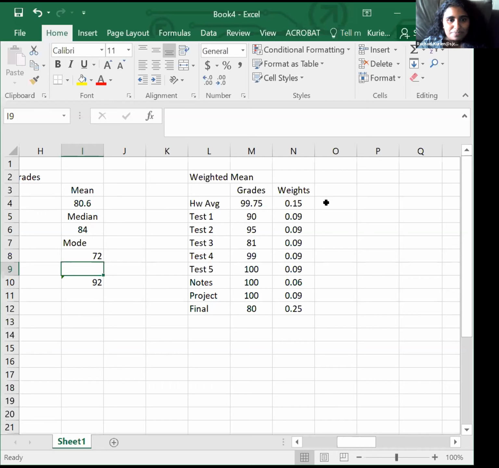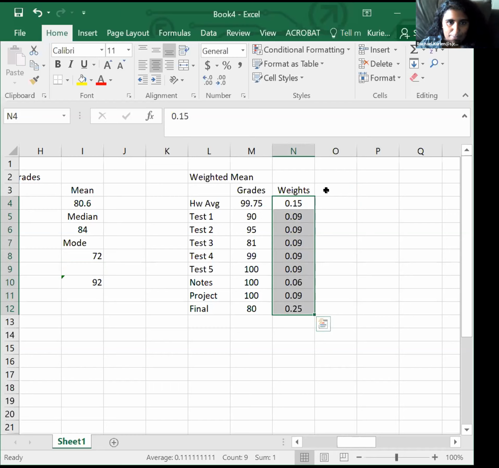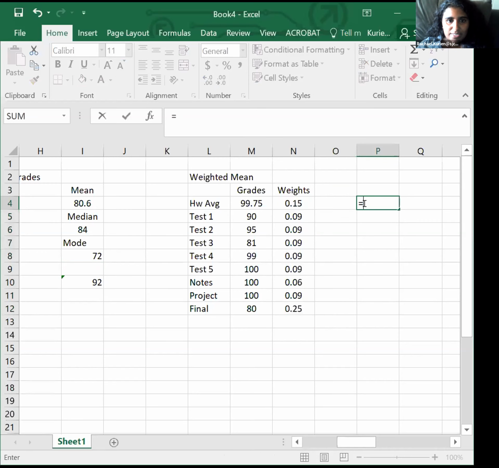All right, so what we're gonna do is the same thing as David showed you. We are gonna calculate it. And you don't have to divide because if you add these weights up, they should equal 1. So dividing by 1 is just whatever that number is. So I can just multiply: your grade times your weight, plus your grade times your weight, plus grade times your weight.